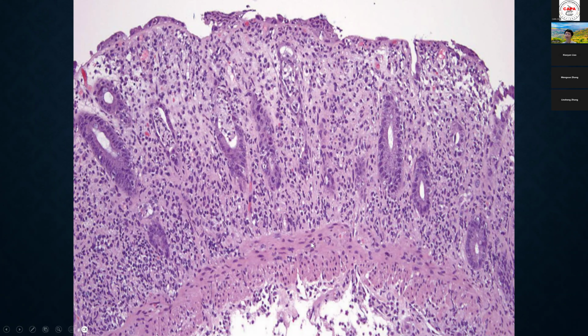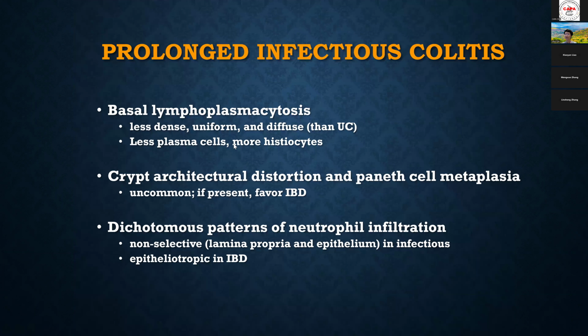So this is actually not IBD, but a patient with prolonged infectious colitis. And the feature is, as I mentioned, the basal lymphoplasmacytosis is less dense, contains fewer plasma cells but more histiocytes, and there's probably some edema, so it doesn't look as blue as what we see in IBD, right? And crypt architectural distortion, Paneth cell metaplasia is usually not seen.